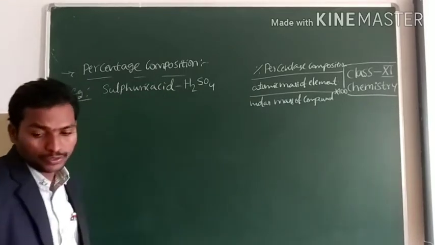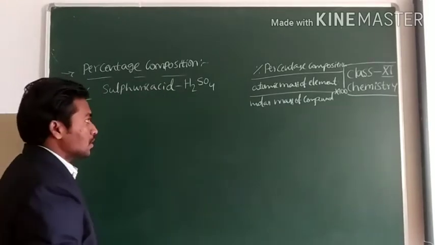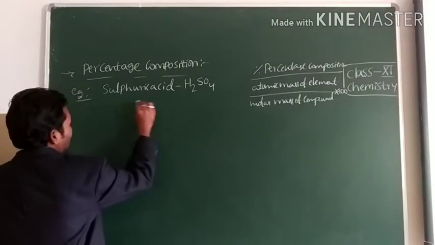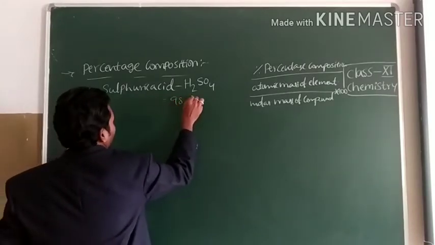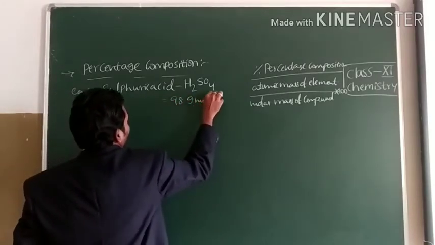We have already found the molar mass of sulfuric acid is 98 gram per mole.